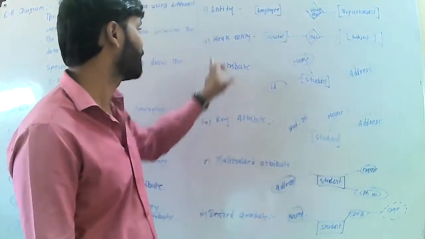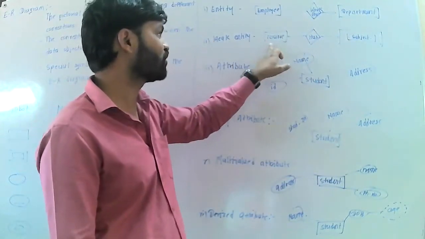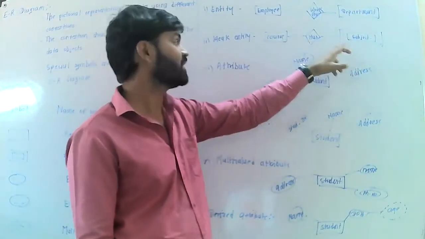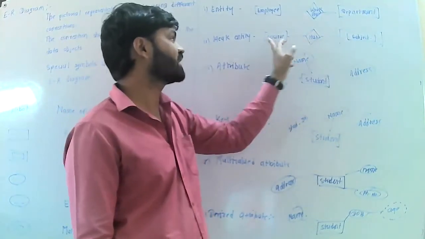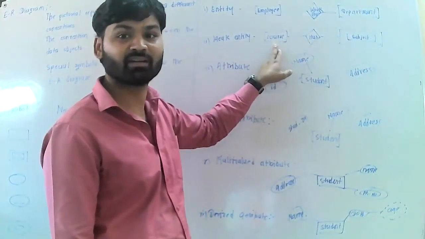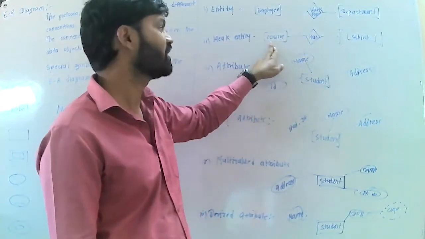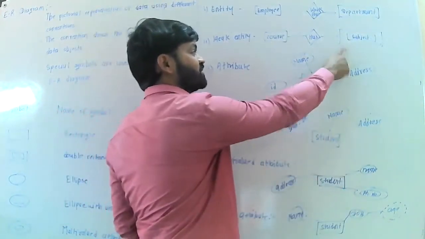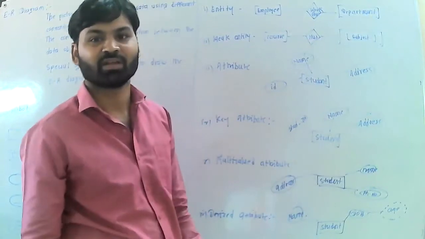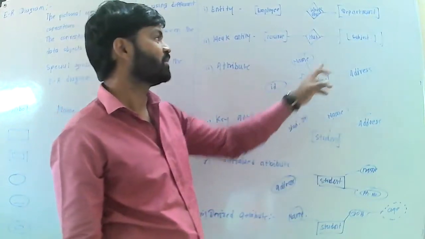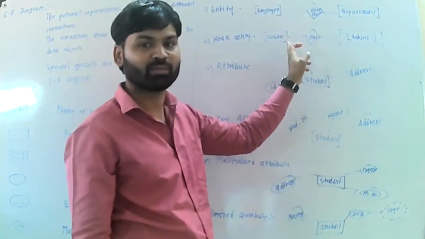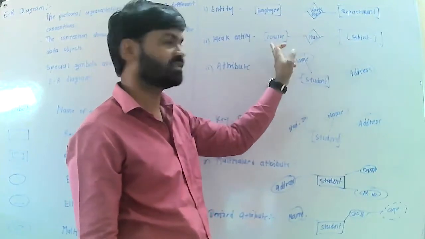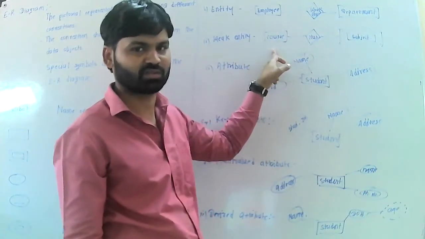Then weak entity: course has a subject. It means the subject is dependent on your course, so the subject is your weak entity. Why weak entity? Because the subject depends on your course.